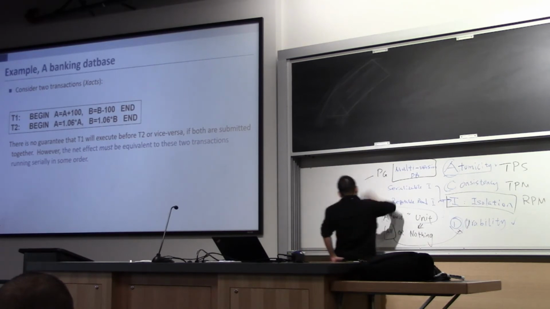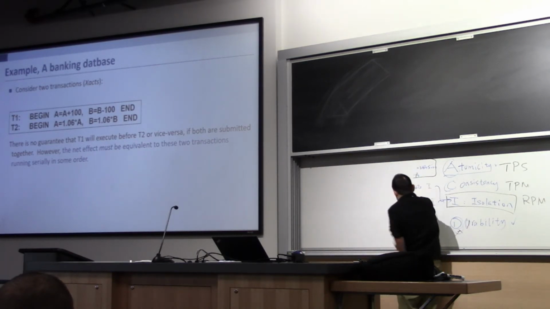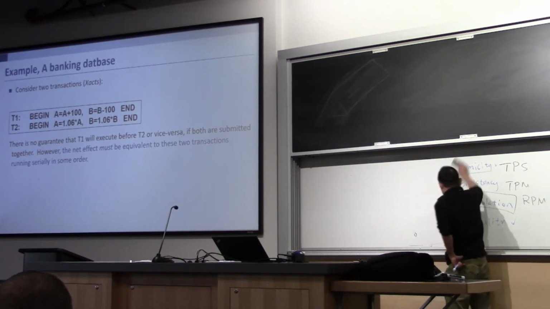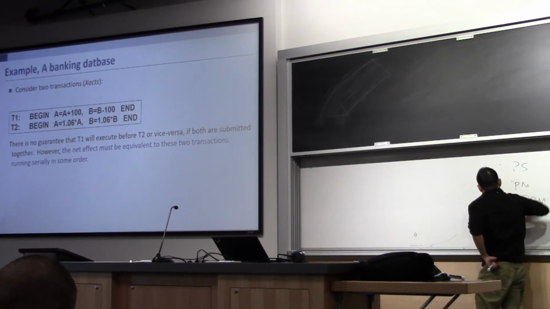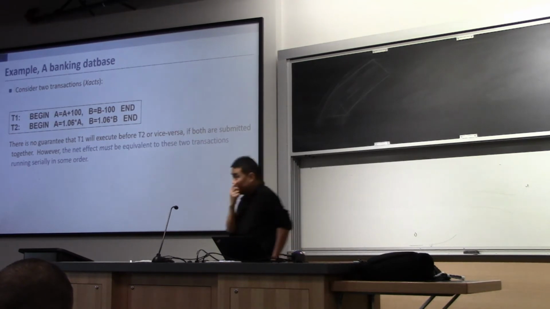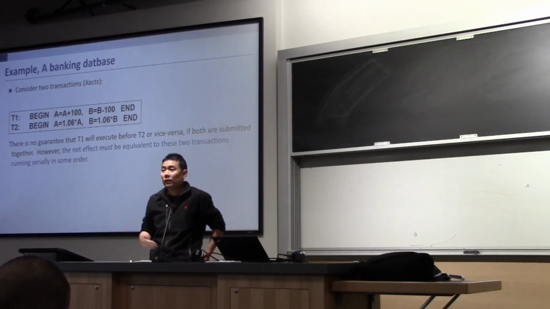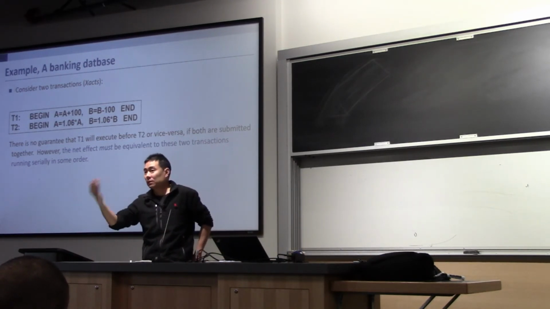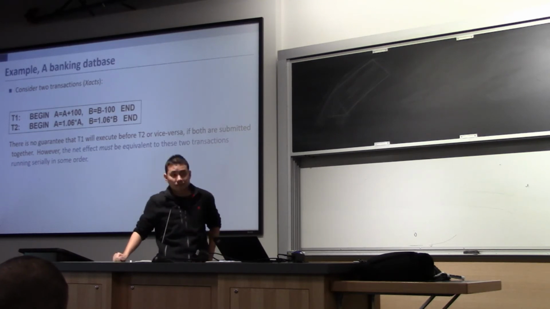Okay, let's see what happens in this example. Let's assume I'm talking about a banking application, a banking database, like Wells Fargo or Chase Bank, whatever. You all have a bank account.